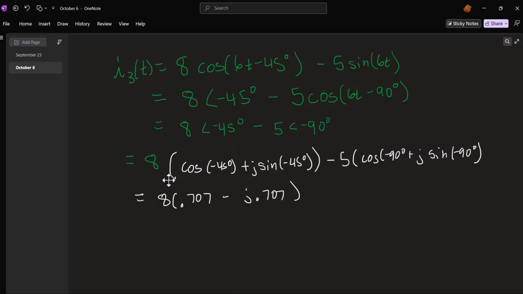And so if you have 1 over jωC, if you multiply that by j over j, you get j over j²ωC. j² by definition is -1, so j over negative ωC, or minus j over ωC.